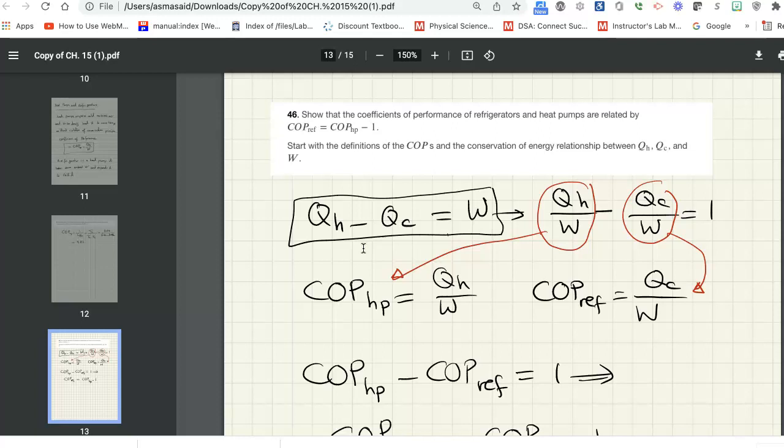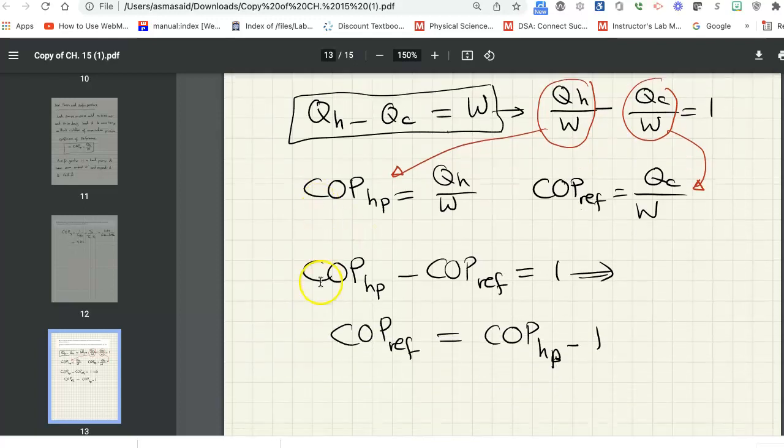We know that the coefficient of performance for a heat pump is Q hot over W, and the coefficient of a refrigerator is Q cold divided by W. And therefore we can say the coefficient of performance of a heat pump minus the coefficient of performance of a refrigerator equals 1. And therefore, the coefficient of performance of a refrigerator is the coefficient of a heat pump minus 1.